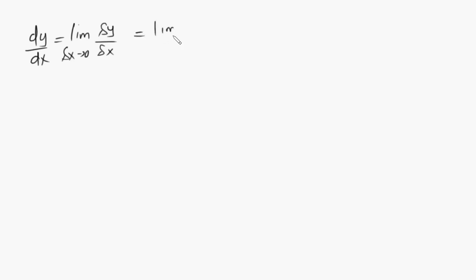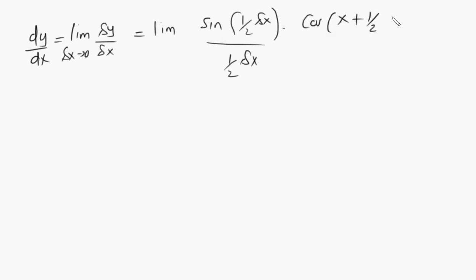Kwa hiyo hii ni limiting value ya nini? Delta y over delta x ambayo tumeshapata ni hii hapa: 1/2 delta x chini ya 1/2 delta x zidisha kwa cos ya x plus 1/2 delta x, as delta x approaches 0.